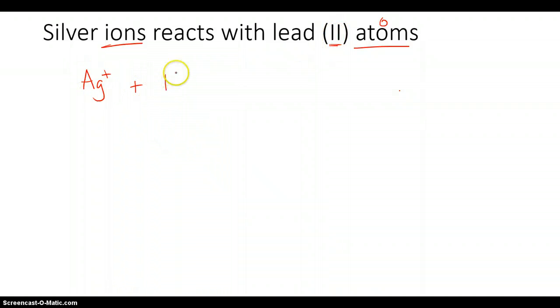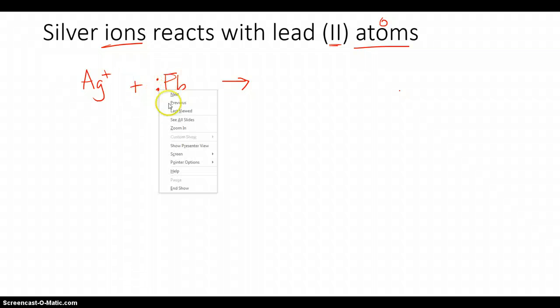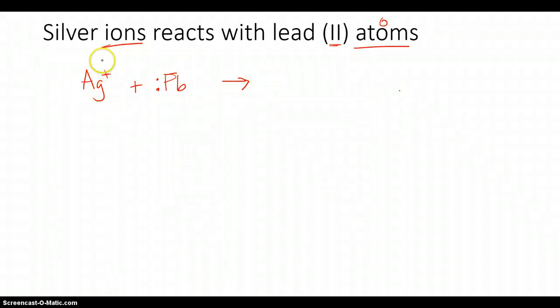So right now we know that lead, which is Pb, has a 0 charge. So it looks like it can lose 2 electrons, so we know it has 2 electrons on it right now. So here's the thing. Silver, because of that +1 charge, I know can only take in 1 electron.